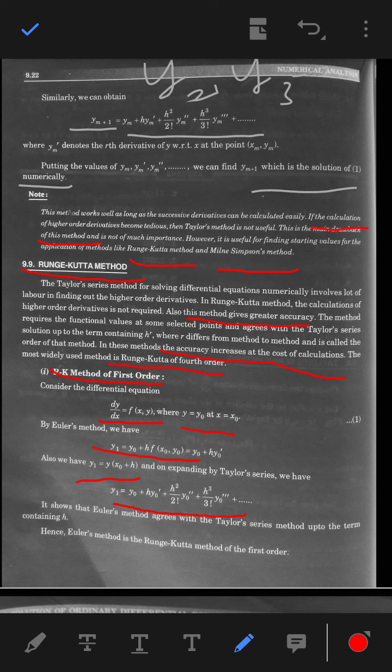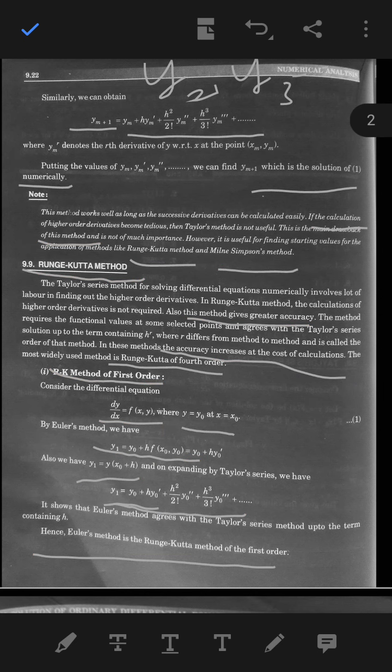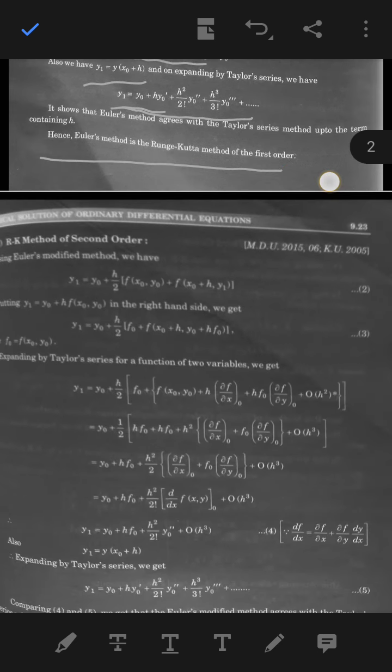You see that only the first two terms match with Euler's method. So Euler's method is the Runge-Kutta method of the first order. So the Runge-Kutta method of first order and Euler's method are both the same, and we have discussed Euler's method earlier.